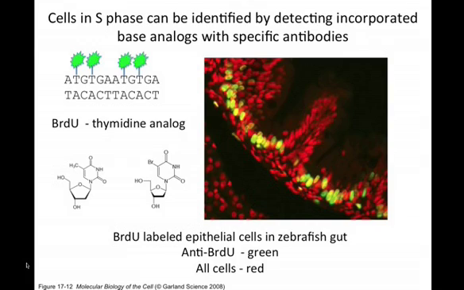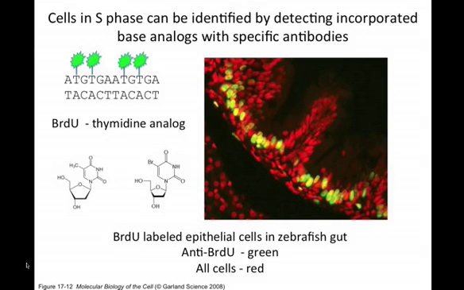Why do you care about this? Well, what happens during DNA replication? What happens in terms of bases that are present in the cell? Where do they go? If you just have random nucleotides sitting in your cell, do they stay just sitting there, or do they get incorporated into something during S phase? Right, so you're making more DNA, so those bases are being incorporated into the new DNA.